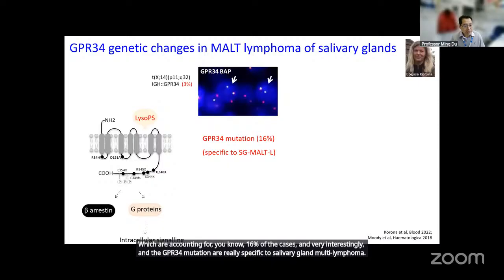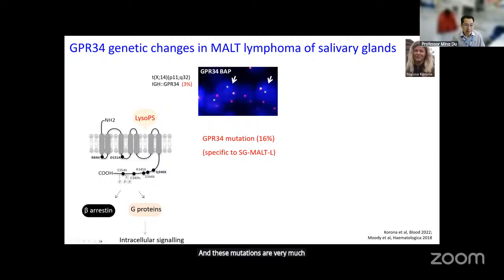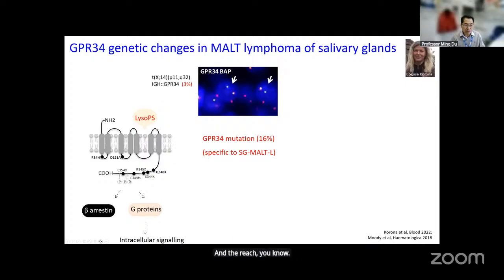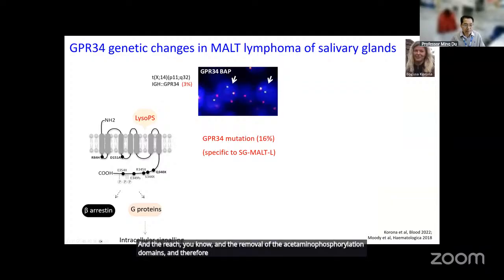These mutations are very much clustered at the C-terminal region, and most of them are deleterious, either generating stop codons or frame shift mutations and removing the C-terminal phosphorylation domains, therefore making the receptor on the surface more stable so it can deliver signalings to the G protein and intracellular signalings.